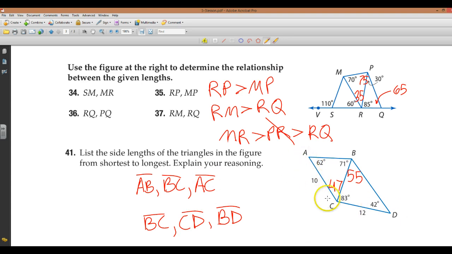So this tells us that AC is shorter than CD because this is 10 and that's 12. So then we can finish our order here. Altogether we would have AB, BC, AC, then once again CD because 12 is greater than 10, and then followed by BD, the longest side of this triangle. And that's it.